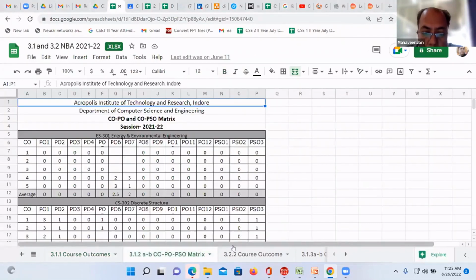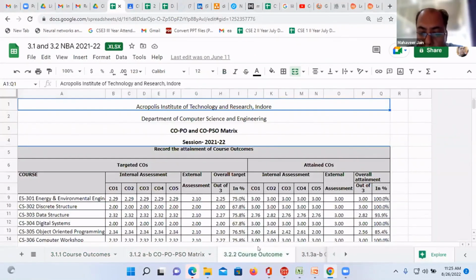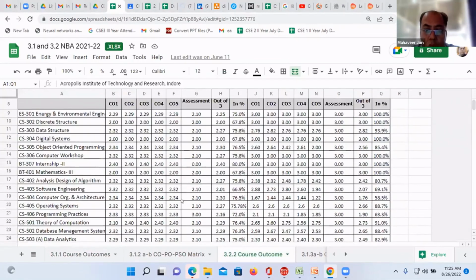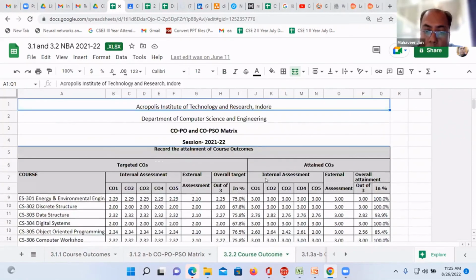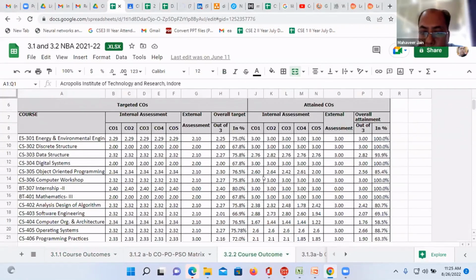Then what we will do is put it here. So this is the overall sheet in which we are putting all the attainment levels.